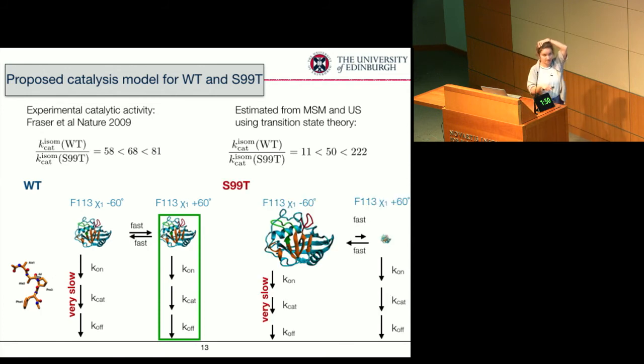But the same story will also be true for the mutant, but now this minus 60 state is a lot more populated, so we have to wait a lot more time to actually see conformations that are in this plus 60 state, and therefore we have a reduced rate in catalysis. So obviously it would be quite nice to test this experimentally.